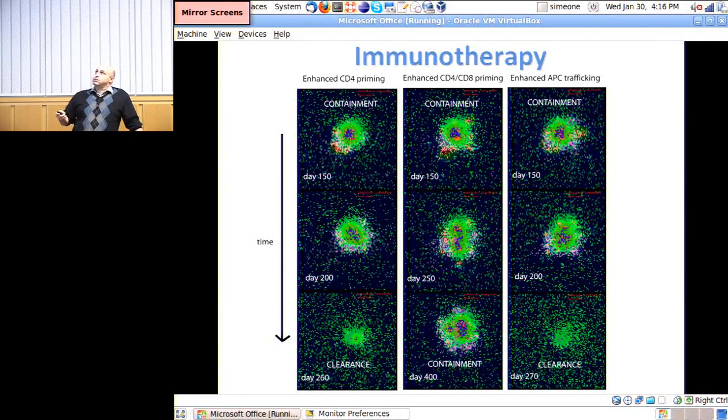If we do this at the onset of infection, we always get clearance. So CD8 priming has a negative impact on granuloma dissolution, if you like. This is one particular application where we can tune some parameters in the lymph node and see the impact on a different scale, on a different organ, with the model.